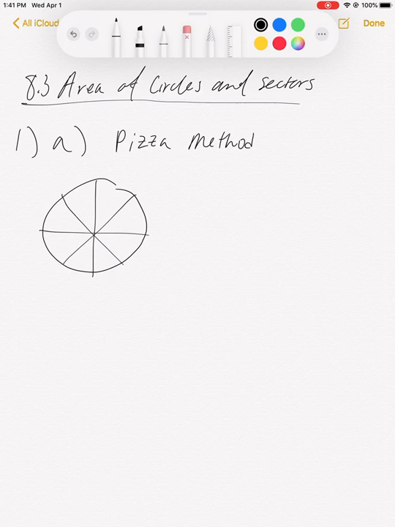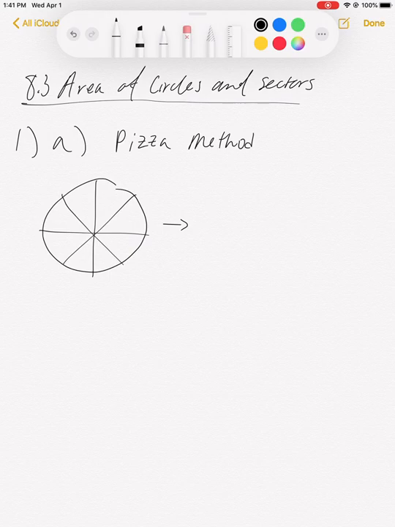And then we'll find the area of this parallelogram, and it will be the same as the area of the circle, because we're not changing anything here as far as shape or anything like that. We're not doubling, we're not adding on parts, we're not cutting off parts. We just cut it up and then arrange it into a parallelogram.